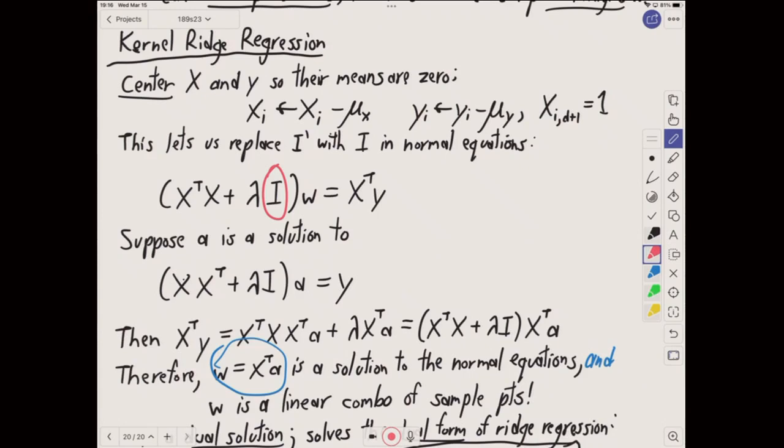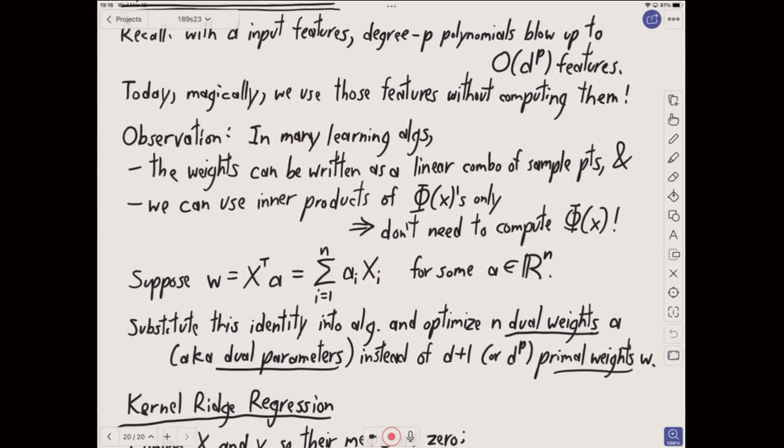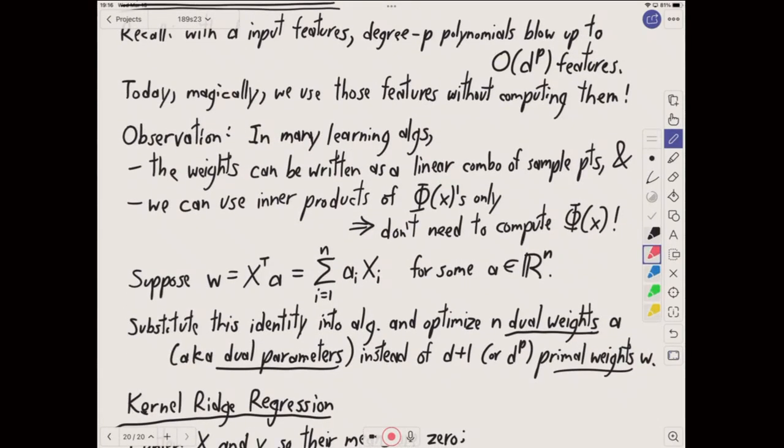In that case, I still do not know how to achieve the result that the weights can be written as a linear combination of sample points. If I knew how to do that, then I would do it, but I don't. So I think I'm stuck with the identity matrix, unless someone writes a new paper that tells me how to do it.